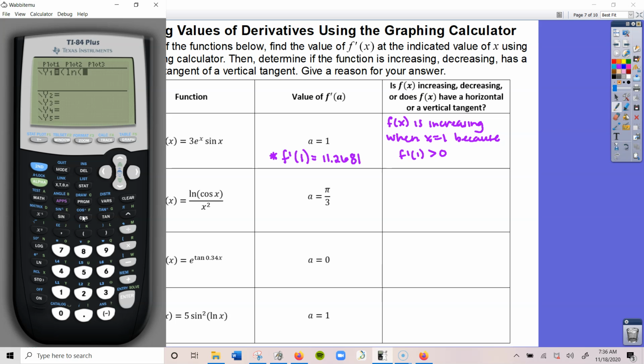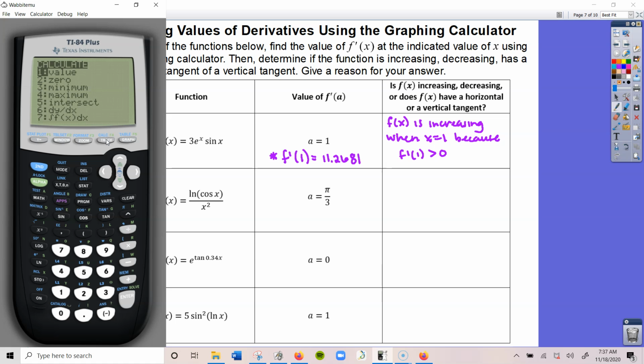So ln cosine x, I'm going to close the parentheses for the angle, close the parentheses for the trig function, and close the parentheses for ln, and divide that by x squared. And now we're going to graph. So again, it doesn't matter what I'm looking at right now because my calculator is going to do all of my work for me.